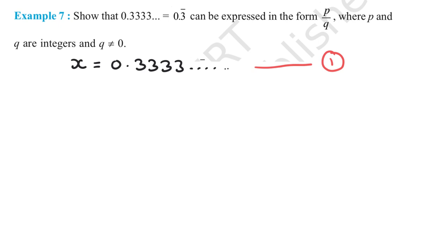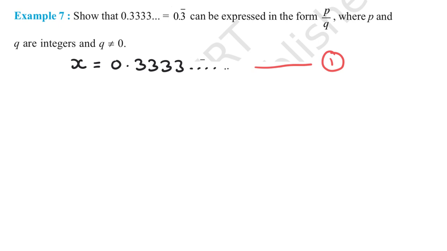Our second step, because only one digit is repeating, I will multiply both sides of the equation with 10. If 2 digits were repeating, I will multiply both sides of the equation with 100. If 3 digits were repeating, we will multiply both sides of the equation with 1000. Good. You're getting smart after watching my videos.